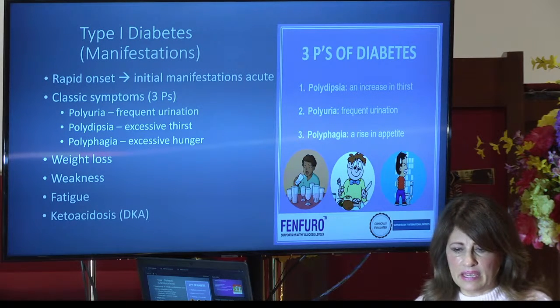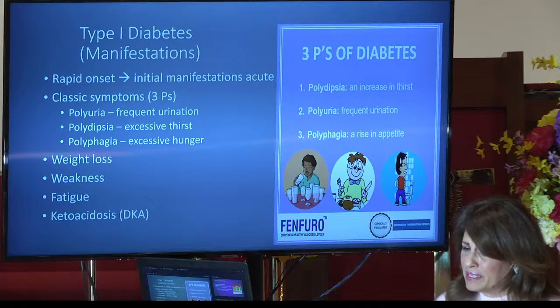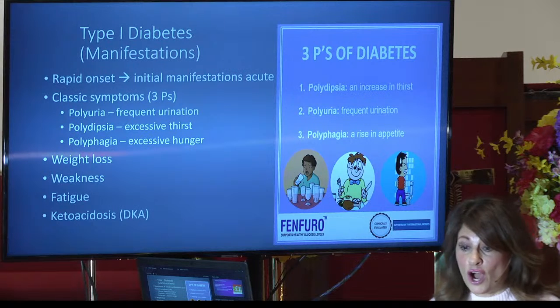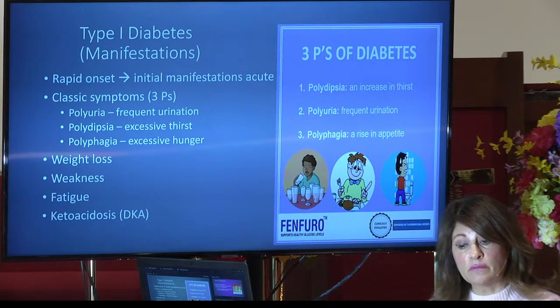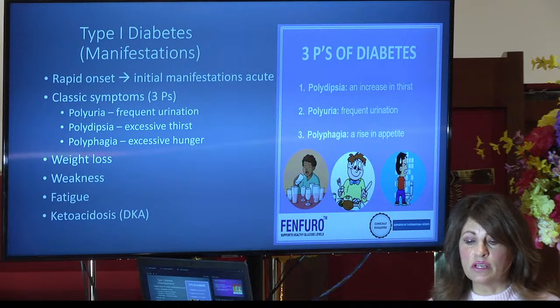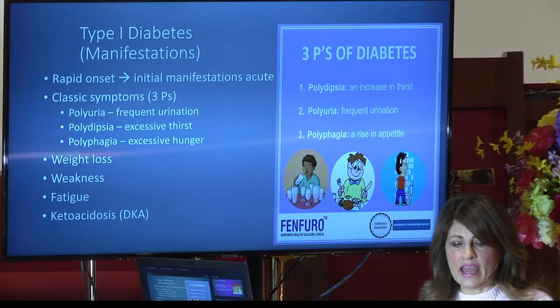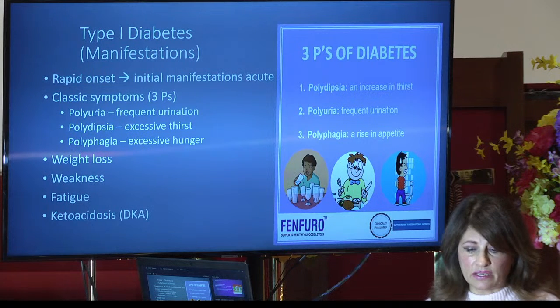We call them the 3 Ps: polyuria, frequent urination; polydipsia, excessive thirst; polyphagia, excessive hunger. Now, the person may experience, probably more than most, weight loss, weakness, fatigue, and they can become what we call ketoacidosis.